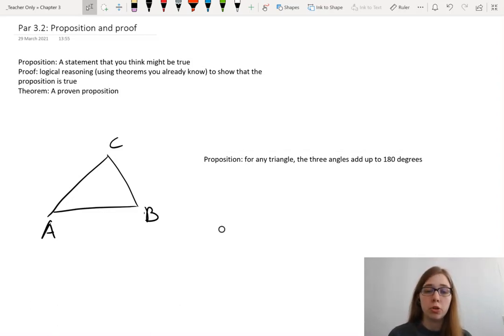Now I want to be sure that it is correct. And I have a couple of rules that I can use. I know the straight angle, I know the full turn, I know the opposite angles, and I know F and Z angles from the previous paragraph. To actually prove the ones that I've just mentioned, some of them are quite difficult to fully prove.